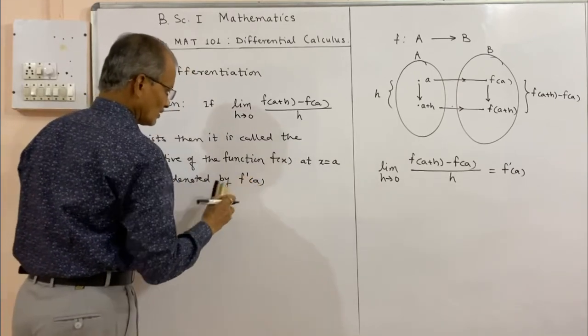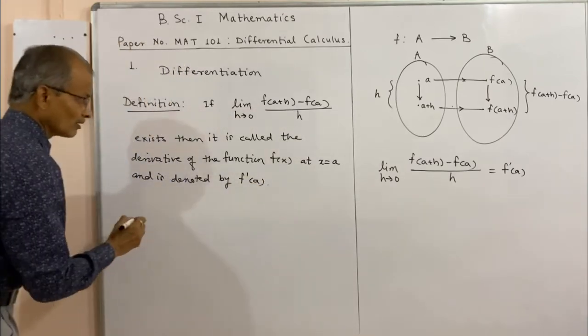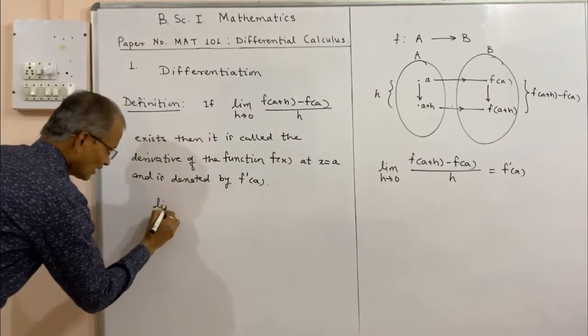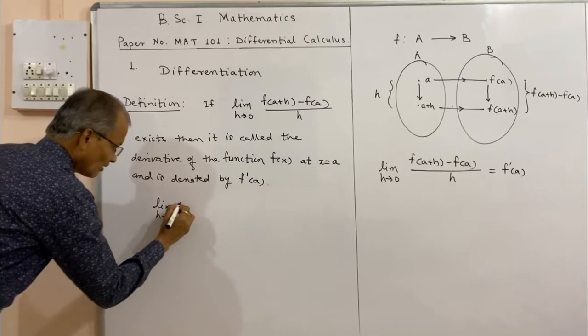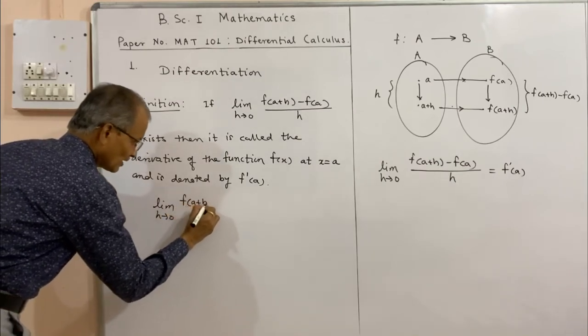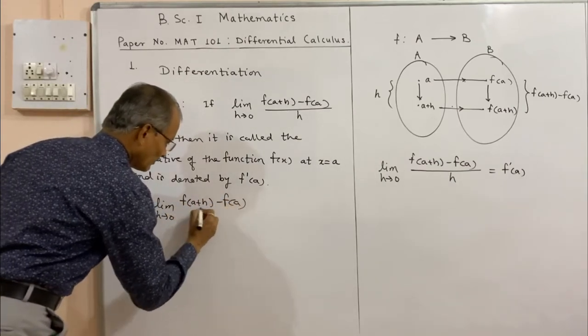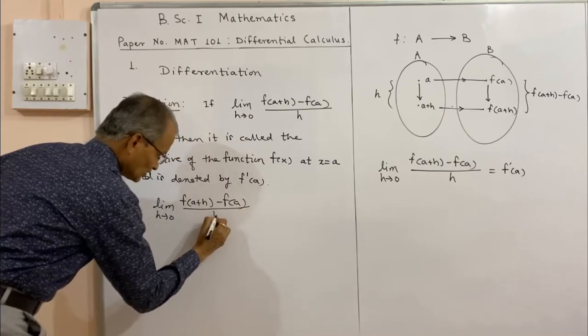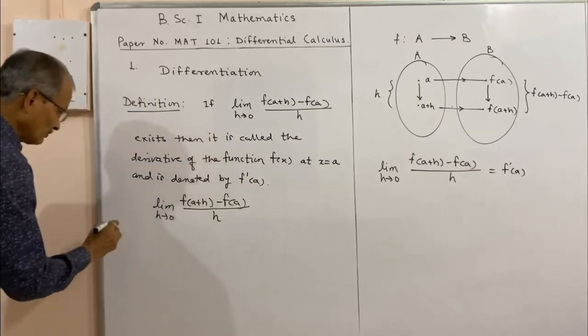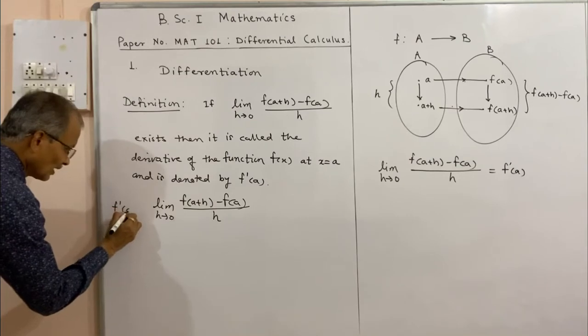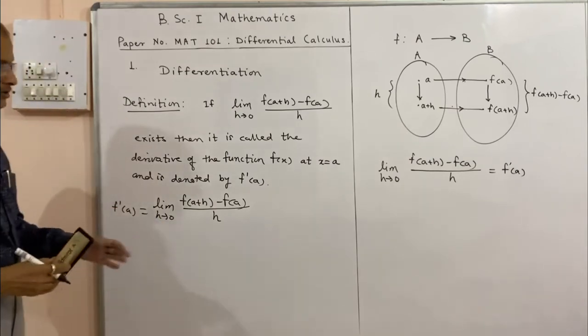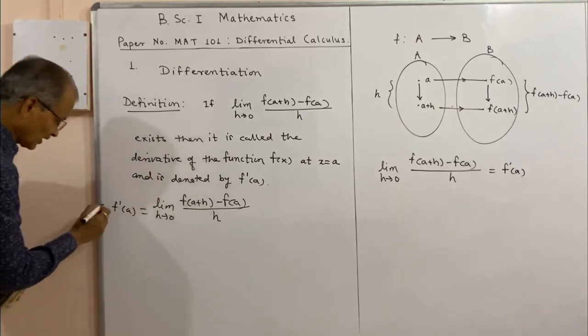Thus f dash of a is equal to the limit as h tends to 0 of f of a plus h minus f of a divided by h. So this is the definition of derivative.